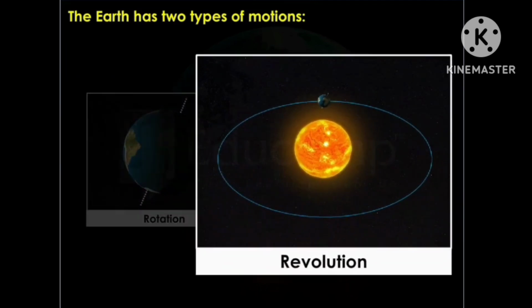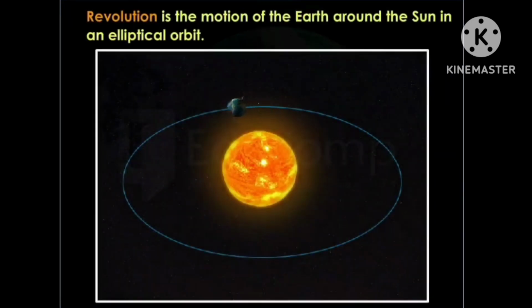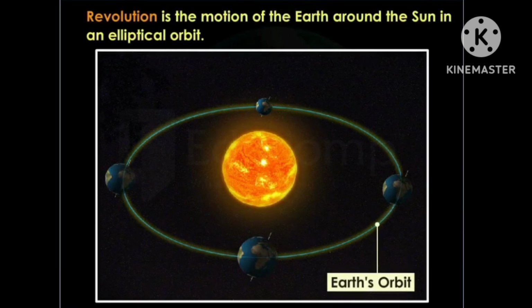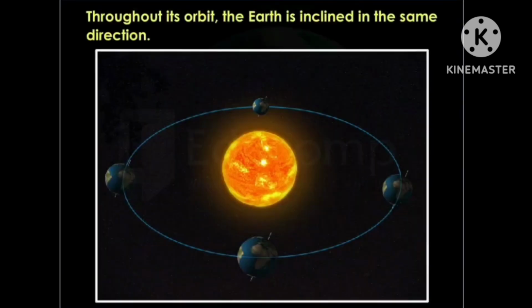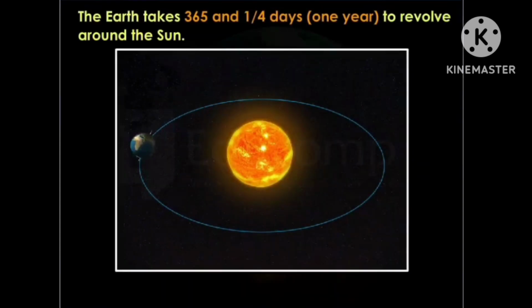Revolution is the motion of the Earth around the Sun in an elliptical orbit. Throughout its orbit, the Earth is inclined in the same direction. The Earth takes 365 and 1/4 days, 1 year, to revolve around the Sun.